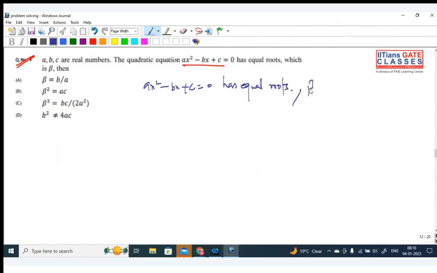They have said that beta is the root here. Then which is going to be satisfied here? This is a very simple question. Yeah, solve, guys. Real and equal. Real and equal.